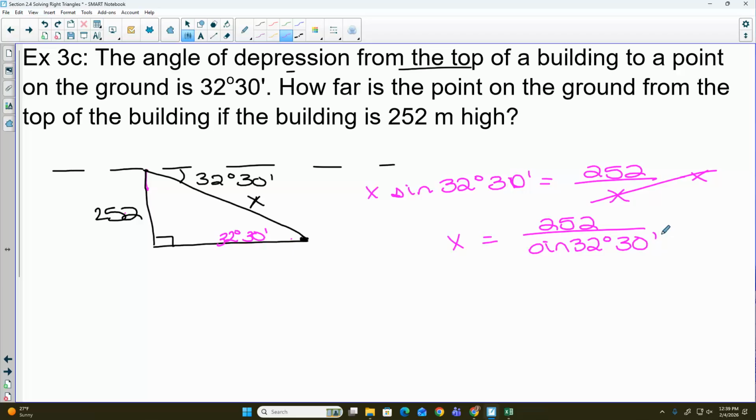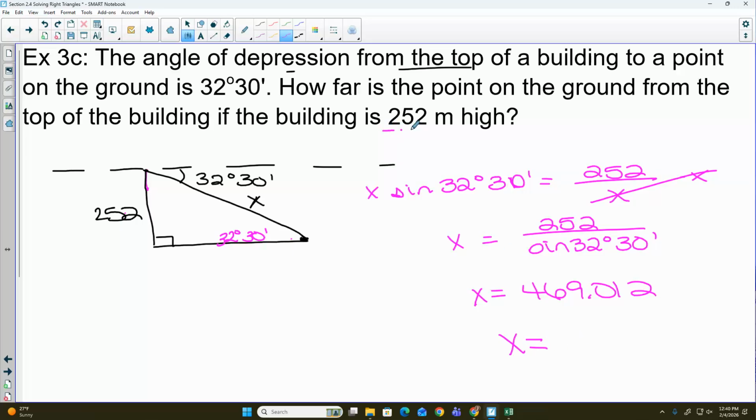Does everyone remember how to do the degrees and minutes in your calculator? You push the sine, and you do 32 plus 30 over 60. How many significant digits?